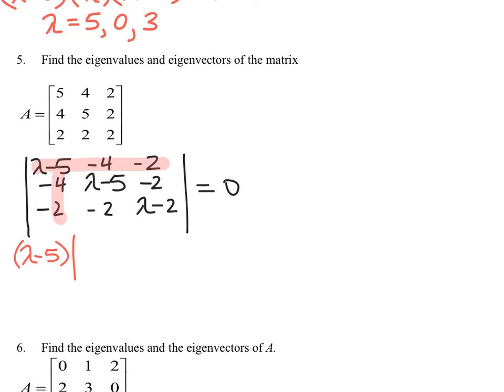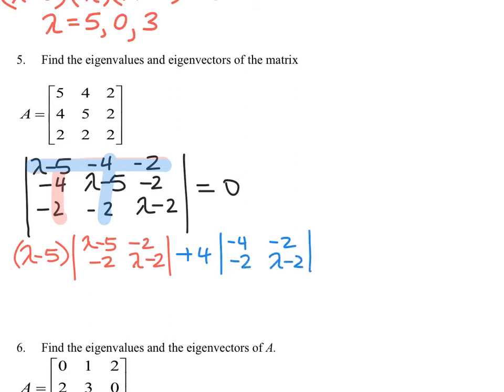Here it says lambda minus 5, negative 2, negative 2, lambda minus 2, minus negative 4, so plus 4, negative 4, negative 2, negative 2, lambda minus 2, minus negative 2, so plus 2, negative 4, lambda minus 5, negative 2, negative 2.